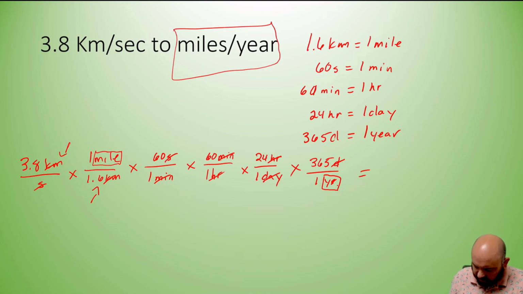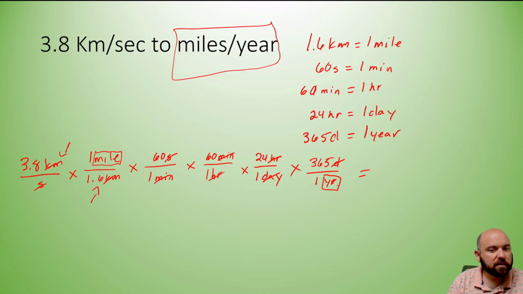We can see that the top has a good bit of multiplication. That would be 3.8 times 1 times 60 times 60 times 24 times 365, and that gives us a very large number, 119,836,800.